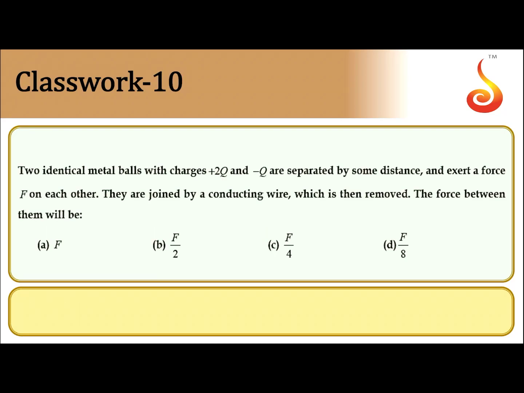Next one. Two identical metal balls with charges plus 2q and minus q are separated by some distance and exert a force F on each other. They are joined by a conducting wire which is then removed. The force between them will be... So, the construction is here.